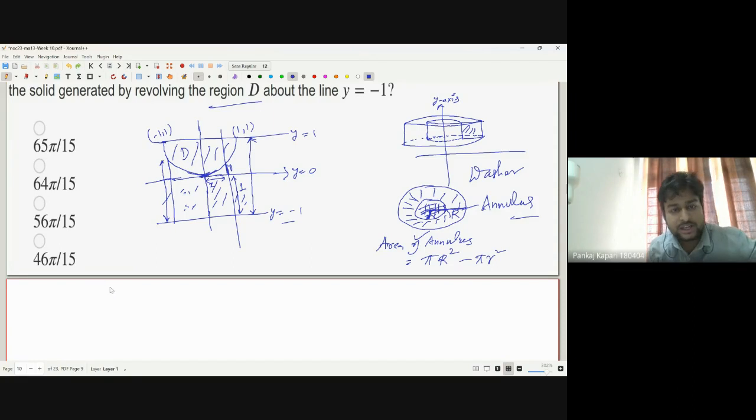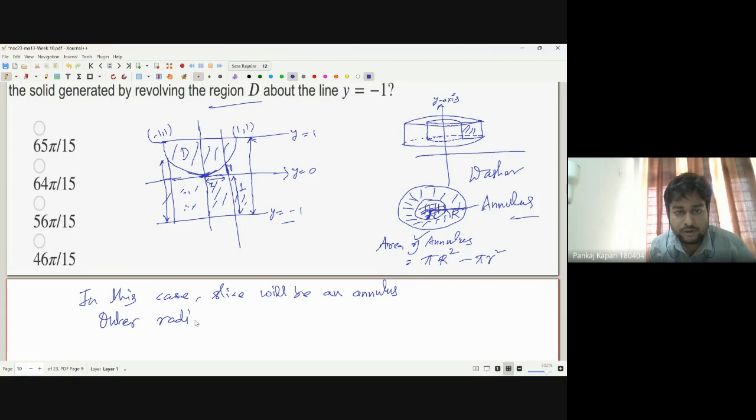So in this case, the slice will be an annulus, and its outer radius, let's call this slice, is constant.